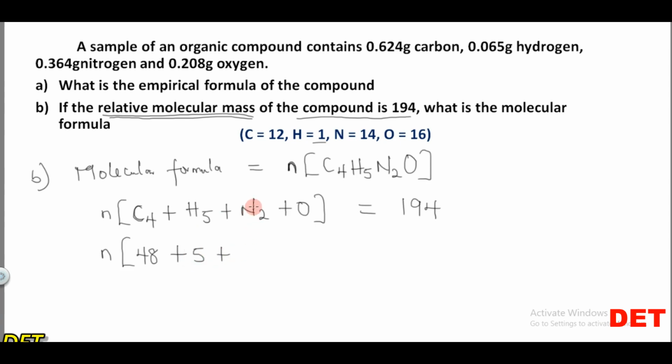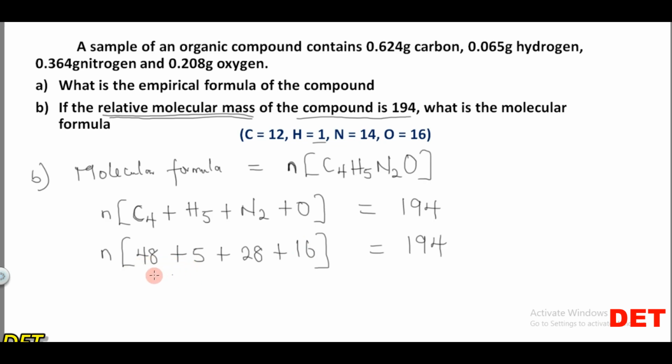Plus the relative atomic mass of nitrogen is 14, 14 times 2 will give me 28. Plus the relative atomic mass of oxygen, 16. Bracket close equal to 194.